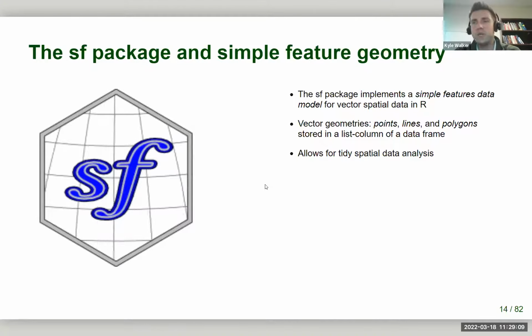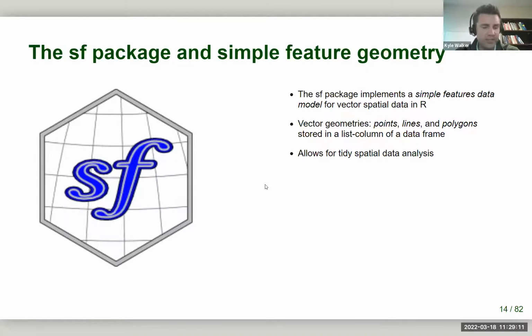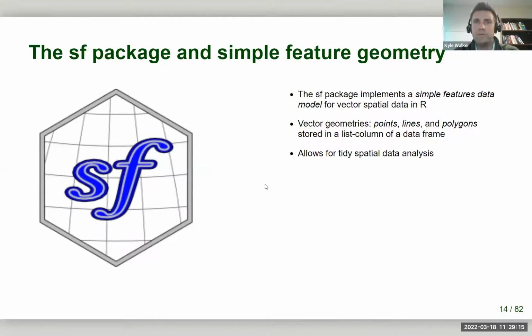You'll occasionally work with package-specific versions of data frames, like the tibble, which is used in the tidyverse suite of tools, or data tables, which are used in the data.table package ecosystem. But a data frame is basically a rectangular data set comprised of rows and columns. Typically for a spatial data set, like the one we're working with here, each row is going to represent a single geographic unit, which in this case is a county.